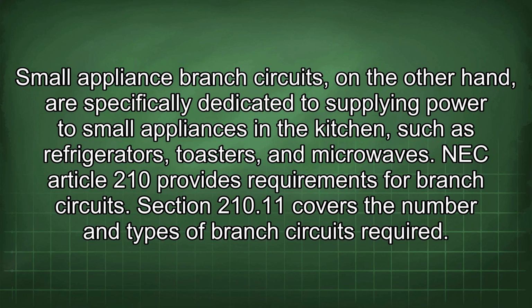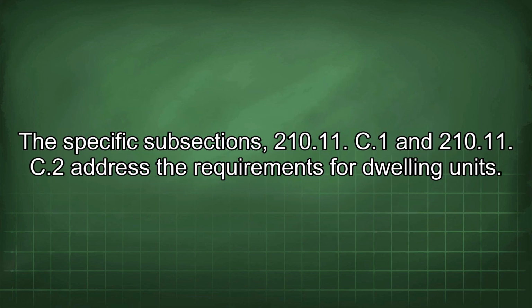NEC Article 210 provides requirements for branch circuits. Section 210.11 covers the number and types of branch circuits required. The specific subsections 210.11.C1 and 210.11.C2 address the requirements for dwelling units.